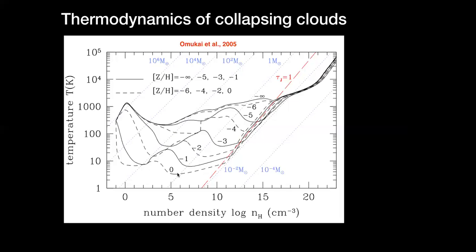Initially, the density of the gas is a bit low, so all the energy which is converted from gravitational potential energy to heat energy can leave the system quite efficiently. And the temperature of the sphere remains almost the same. We call this particular phase of collapse the isothermal phase of collapse.